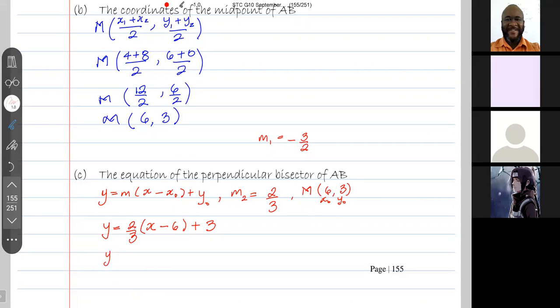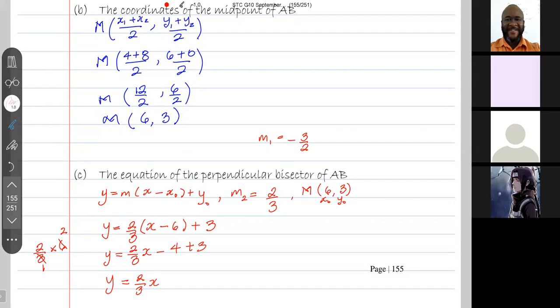So I have Y is equal to 2/3 times X is 2/3 X, minus 2/3 times 6. 3 into this is 1. 3 into this is 2. 2 2s are 4, plus 3. So Y is equal to 2/3 X, now minus 4 plus 3.